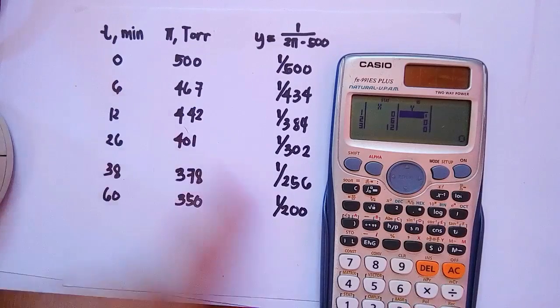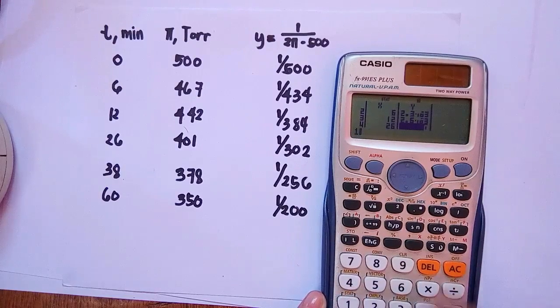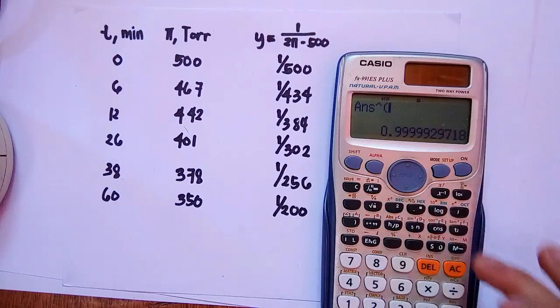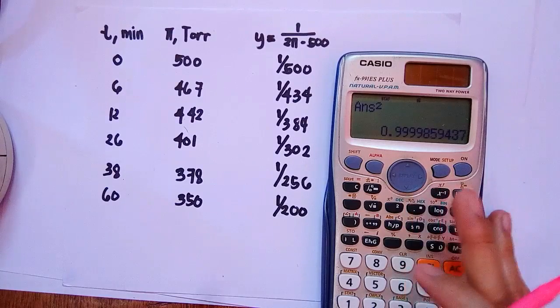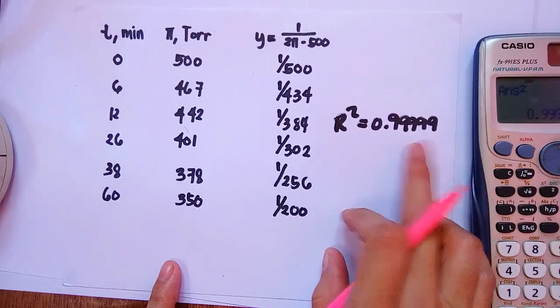Our y is 1 over 500, 1 over 434, 1 over 384, 1 over 302, 1 over 256, and 1 over 200. Now solving for our r squared, we have 0.999859437, so our r squared is about 0.9999.